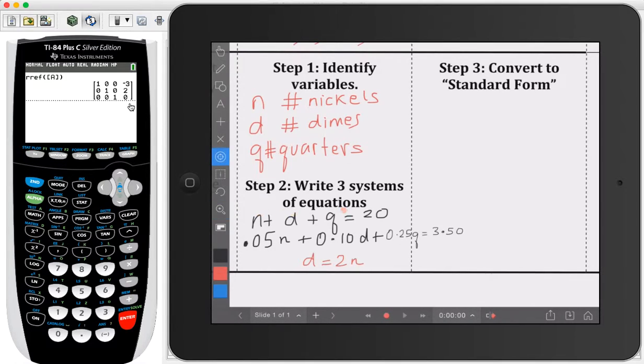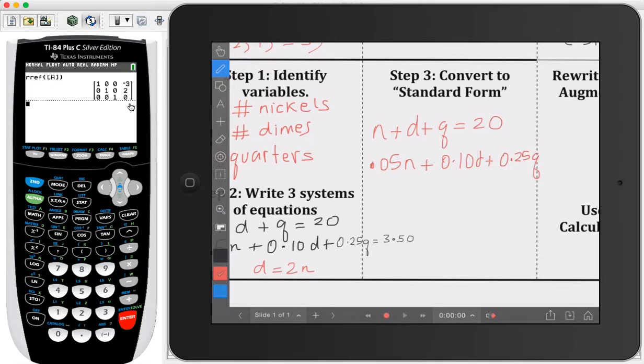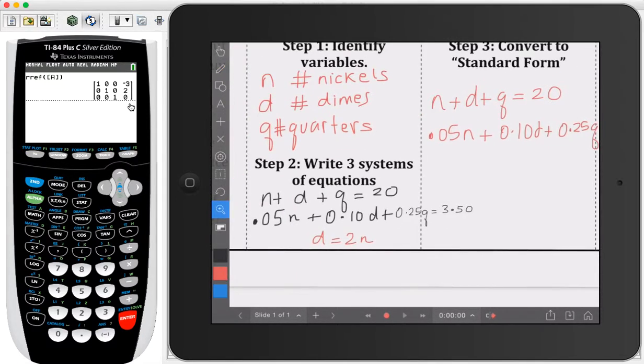So NDQ on one side. So my first equation is correct. Now let's look at the second equation. Also, I have N D Q on one side, so I'm good with the second equation as well. And now if you look at the last equation, I have 2N on one side, so I need to move it over.